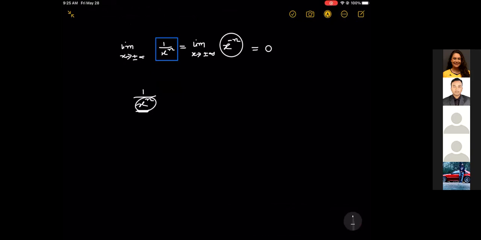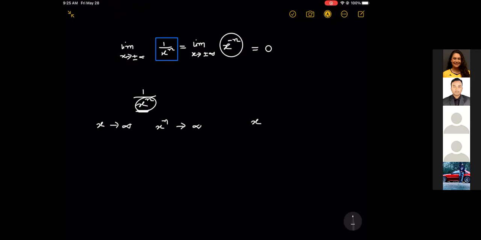It will approach infinity. That means if x approaches infinity, x to the n also approaches infinity, right? Because it's just the exponent.